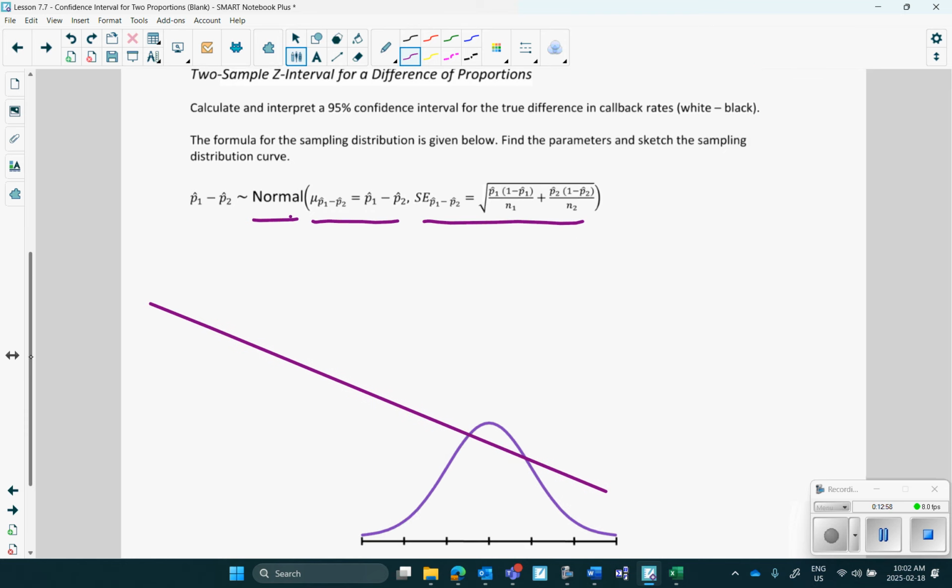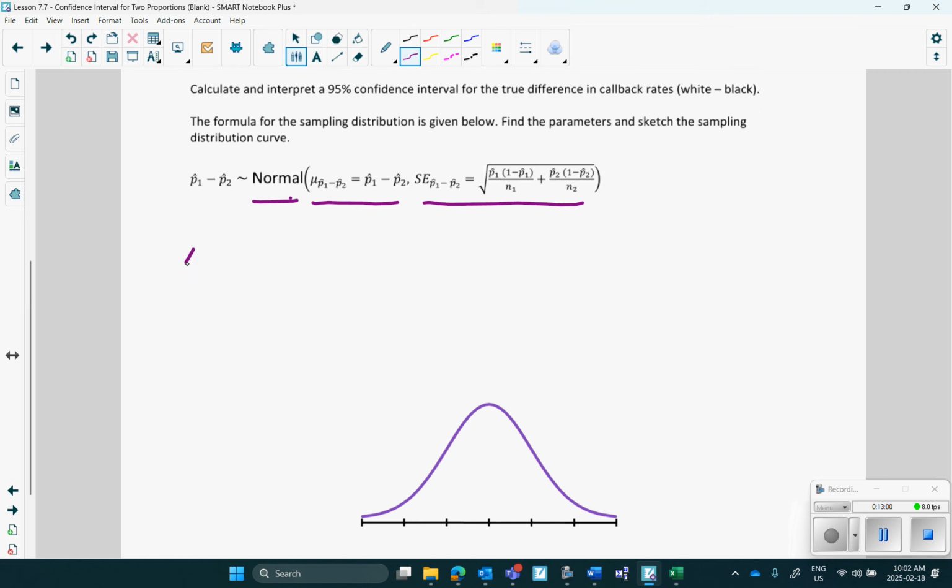So in our situation, assume normal. The average of the difference in the sample proportions will be the difference in our samples when we subtracted them. Remember, it was 0.034 from the previous page. That was our sample difference.